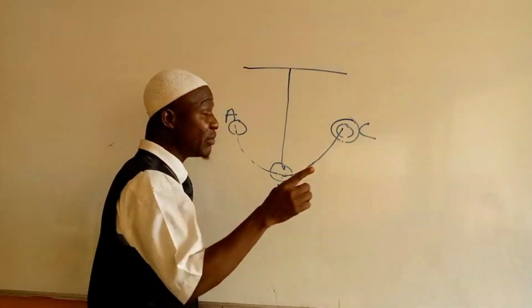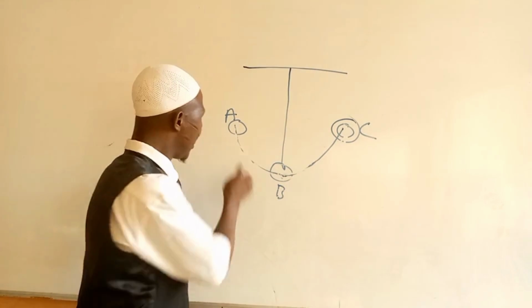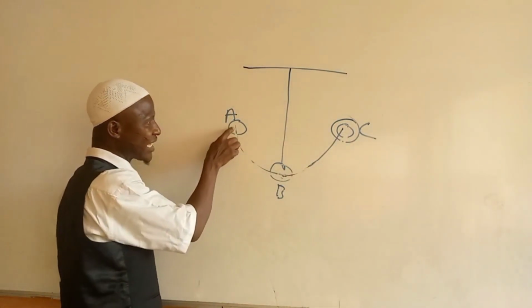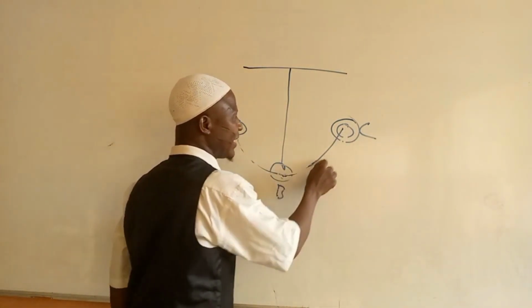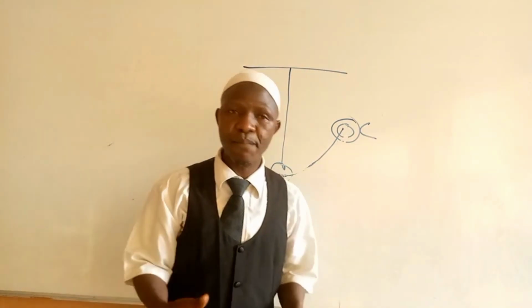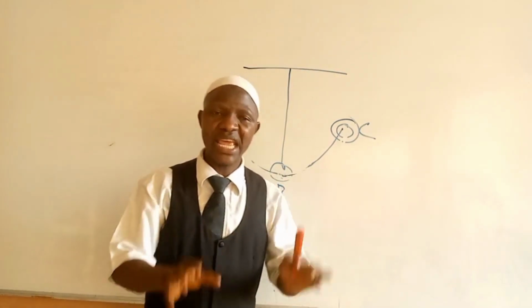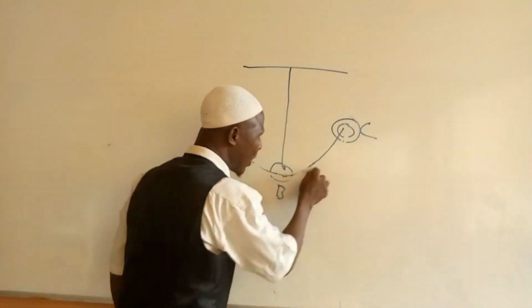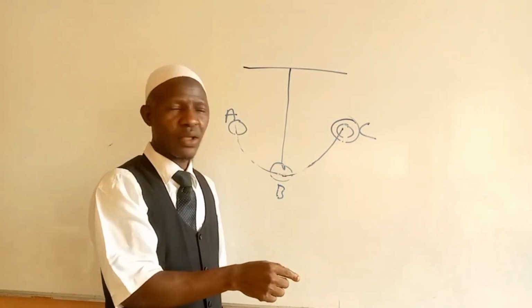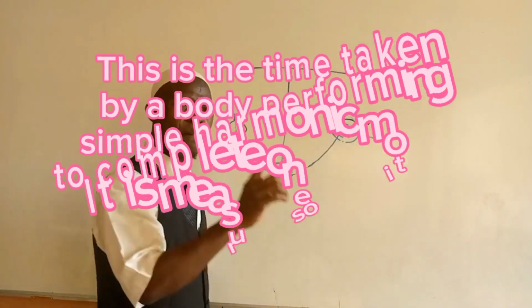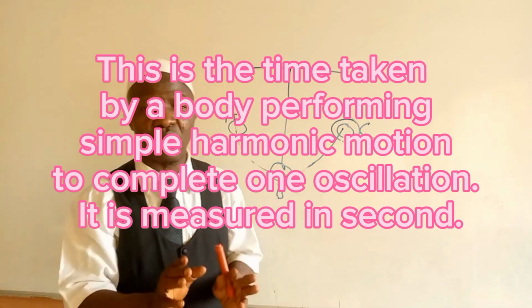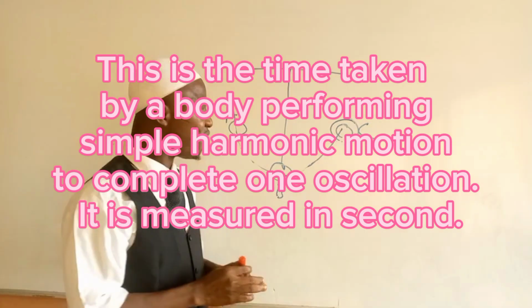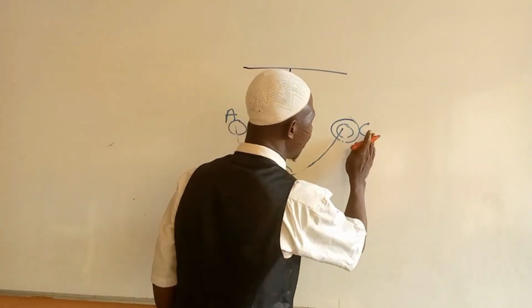That is another half circle, making a complete circle. The time taken to make a complete circle like that is called the period.